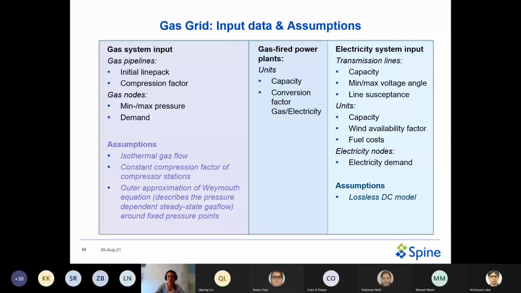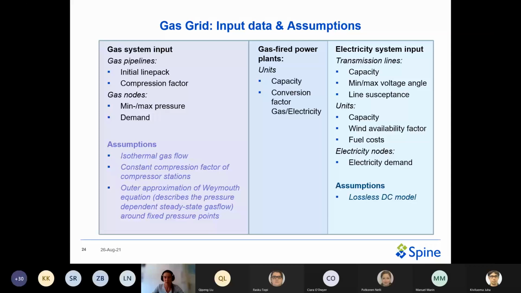And if we move to the right-hand side, we have the electricity system inputs. Here we have some transmission lines with predefined capacities, minimum and maximum voltage angles, and line susceptance. On top of that, we have some units. And in the electricity system inputs, these units I'm referring to are the non-gas-fired ones. So there are some other units in the system, for example the wind turbines, for which we have an availability factor.